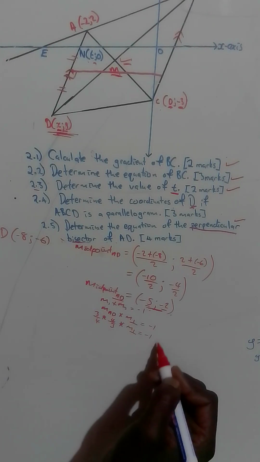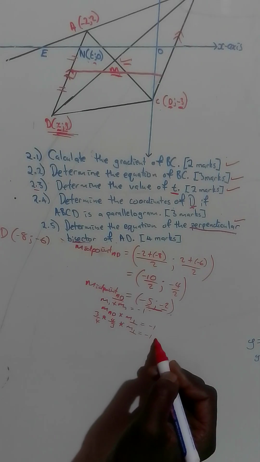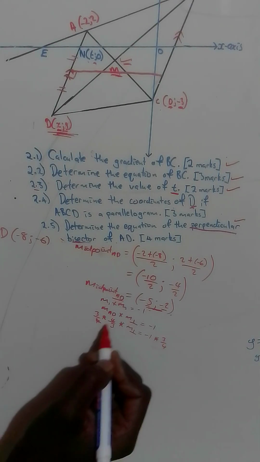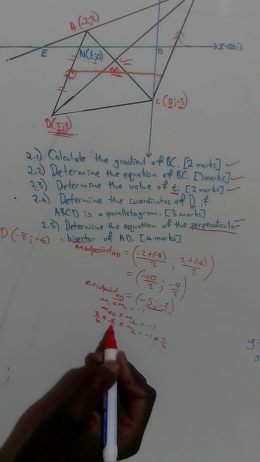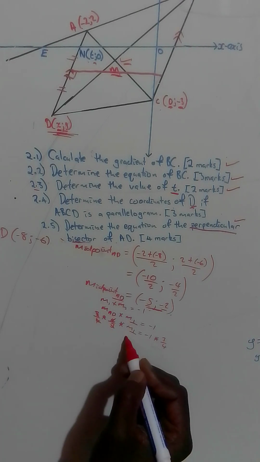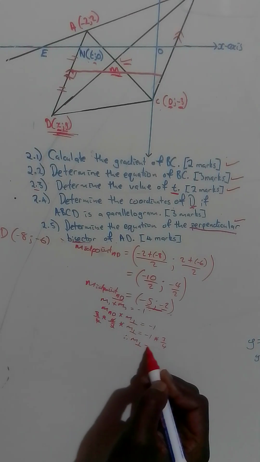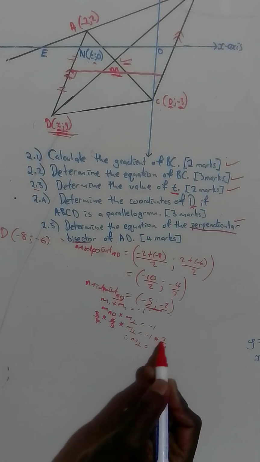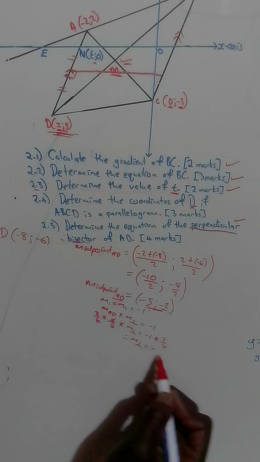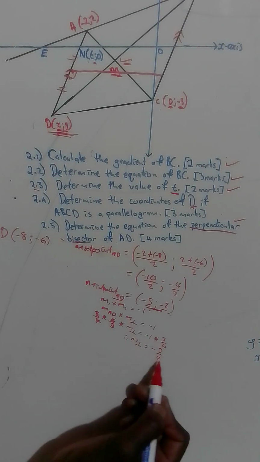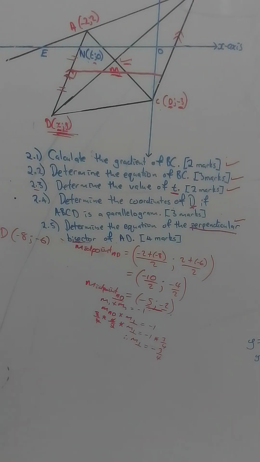And since I multiply by 3/4 here, I must also multiply by 3/4 on the other side. Now this 4 cancels out that 4. This 3 cancels out this 3. Now observe, now I can say therefore the gradient of a perpendicular line is equal to negative multiplied by positive, that's a negative. 1 times 3, that's 3/4. So I found that the gradient is -3/4, right?